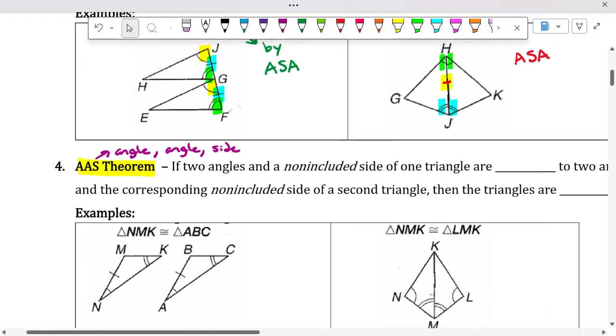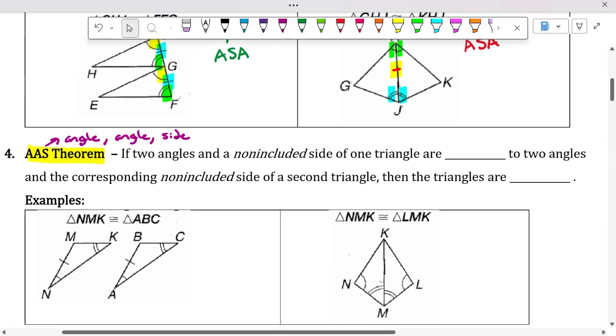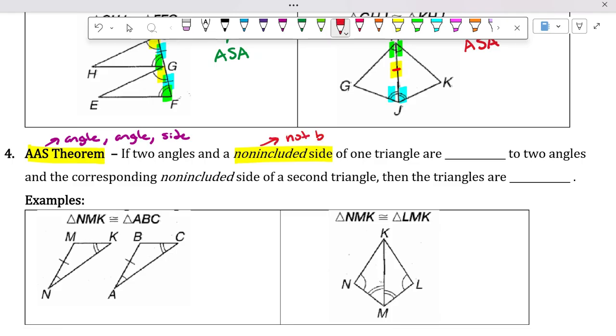And all it states is if two angles and the non-included side, meaning it's not between the congruent angles, of one triangle are congruent to two angles in the corresponding non-included side of the second triangle, then the two triangles are congruent.